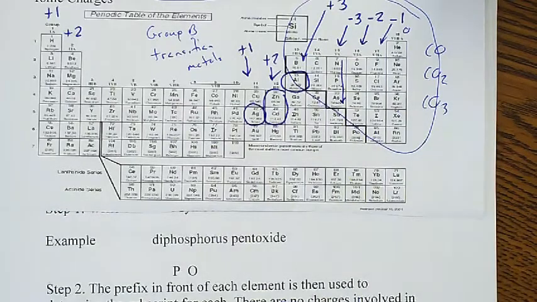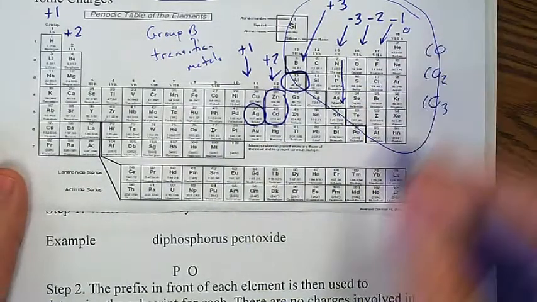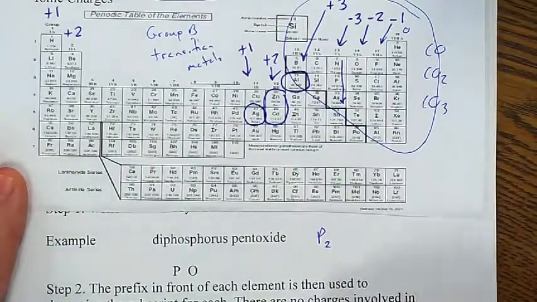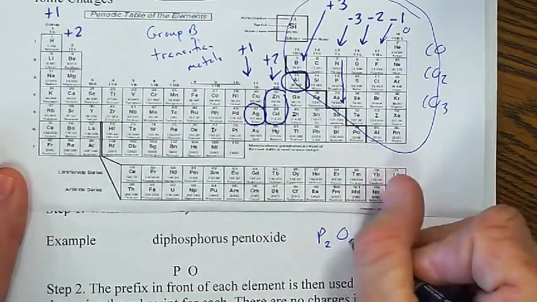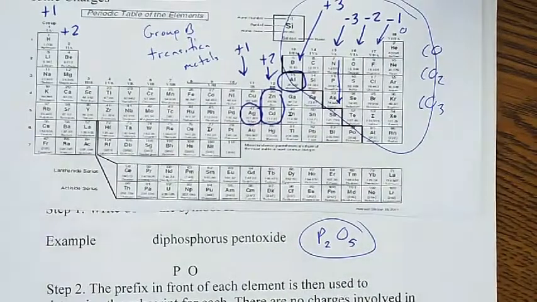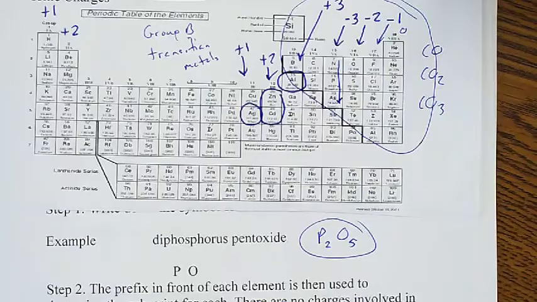But this is for only combinations of two nonmetals, the elements that are over here. So there's phosphorus, there's oxygen, diphosphorus, P2, di means 2, pentoxide, there's no crossing of charges. There you go. There's the compound between phosphorus and oxygen. Don't look up the charges for two nonmetals because they're not relevant.